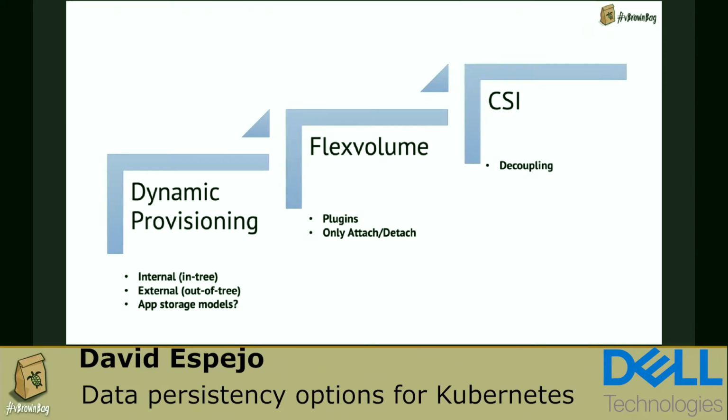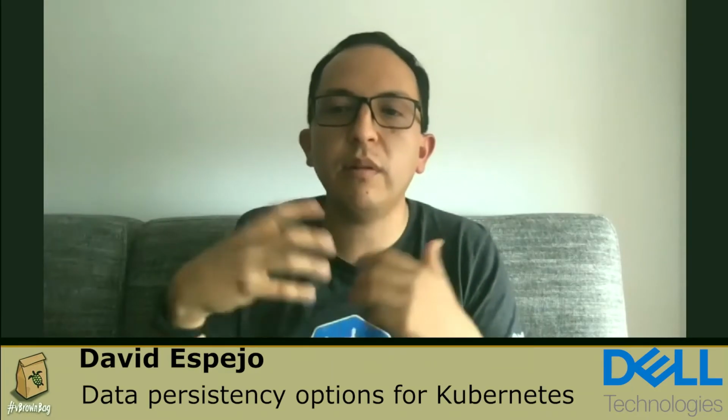Decoupling the storage management from Kubernetes, right? There are many components in a Kubernetes cluster, but there is one that runs on every node in the cluster, which is the kubelet. The kubelet is, let's say, the agent that runs on any node.